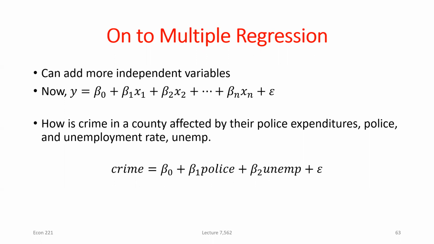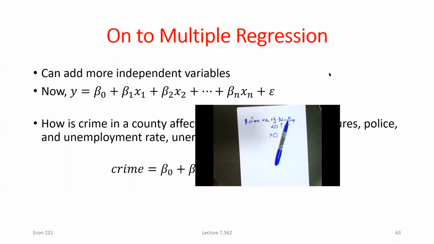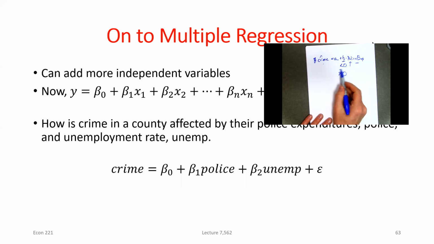So two counties with the same unemployment rate, but one of them spends an additional $1, and we probably wouldn't change that to thousands of dollars, but an additional $1 on their police force, what would the change in their crime rate be? And now we probably start seeing what we would expect. This is very small, which is that this is negative.